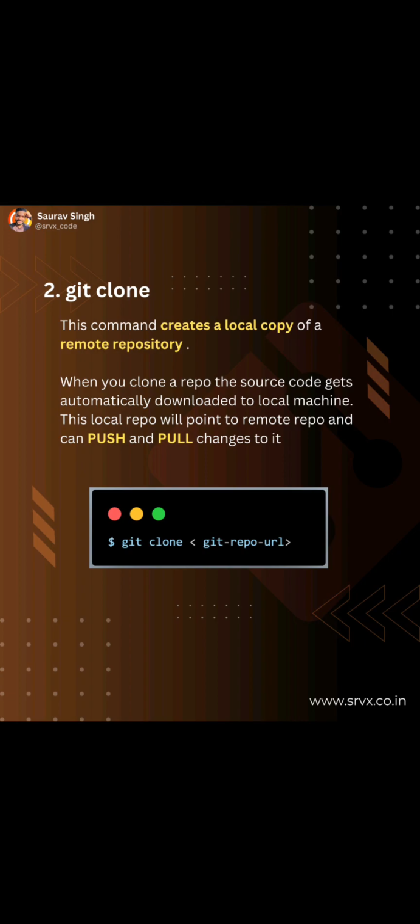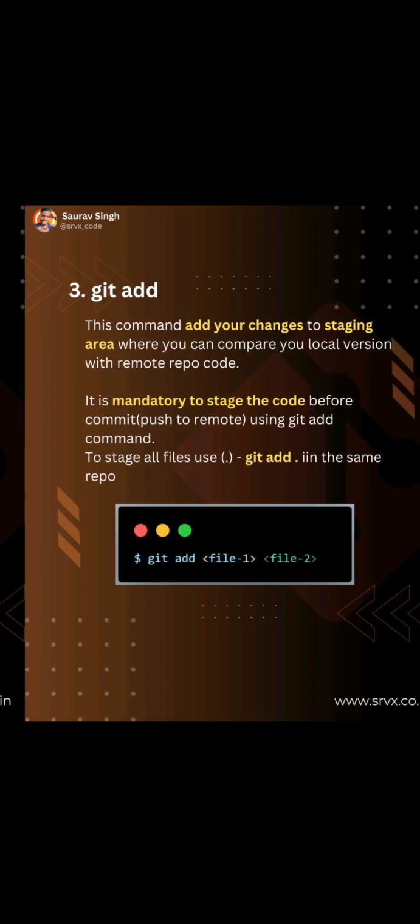Then it will clone all the files and folders from your repository. That's called the git clone command. It creates a local copy of a remote repository, and you can read the whole thing here as well.